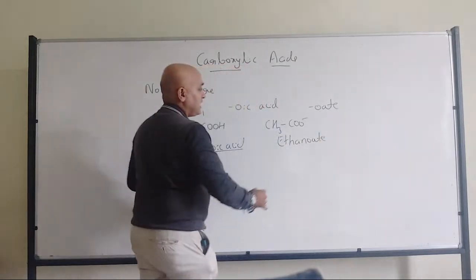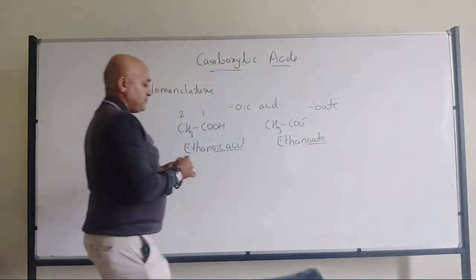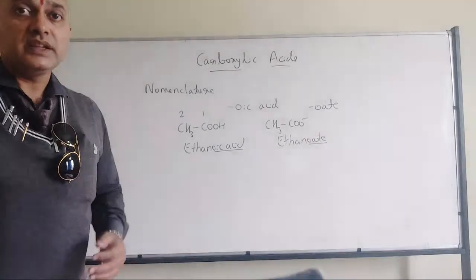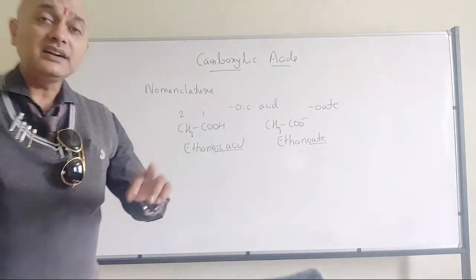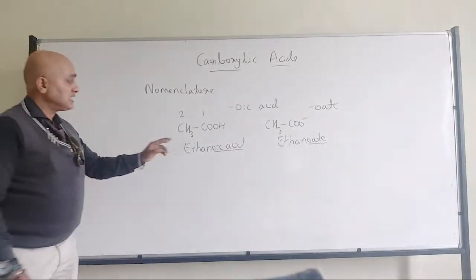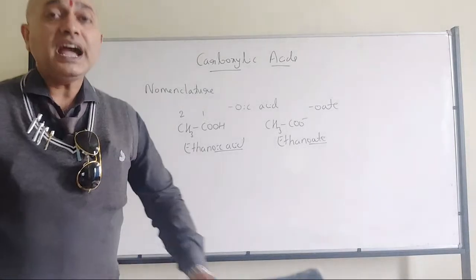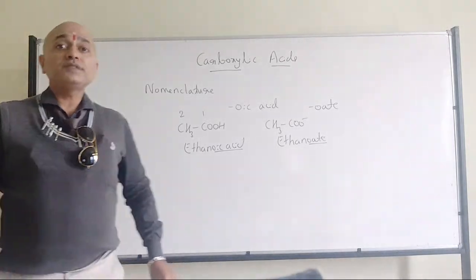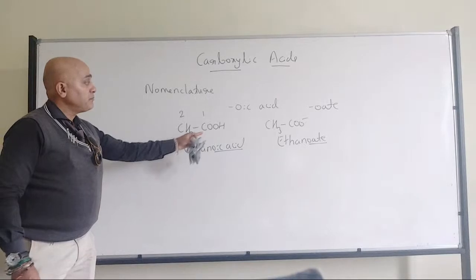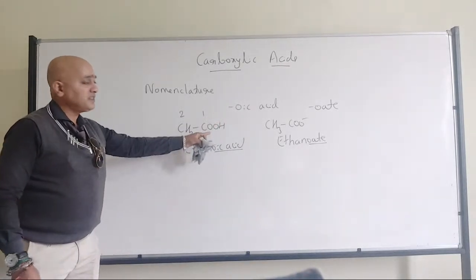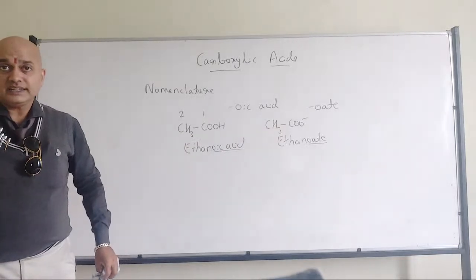So dissociated form and non-dissociated form: carboxylic acid, carboxylate; ethanoic acid, ethanoate. So we have the 2 different forms of the molecule based on their functional group, whether it is dissociated or non-dissociated.